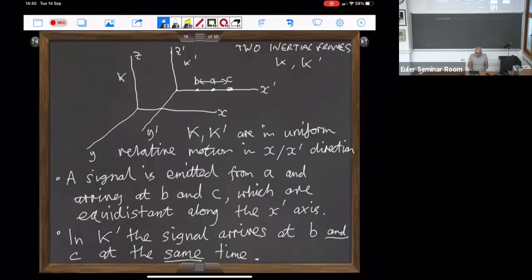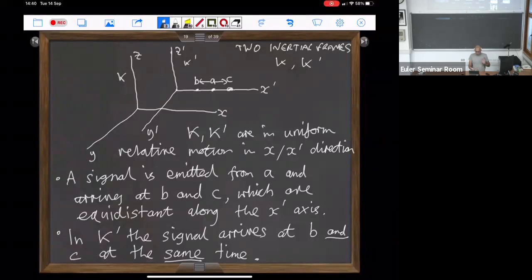Now in K prime, we've got a point A, a point B and a point C. Let's say that A is a light source. At some point in time, which we've not drawn the time coordinate yet, a signal is emitted from A which propagates to B and C, and B and C in the K prime frame are the same distance from A. So they're equidistant along the x-axis.